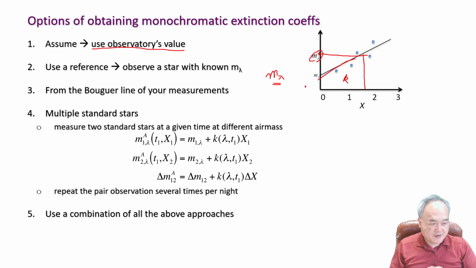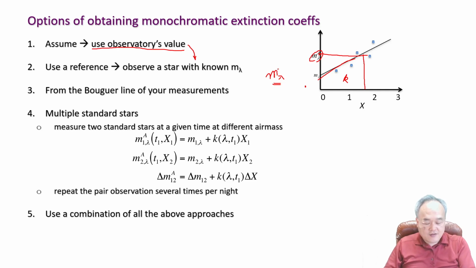So that's one way. That can be done by using a single observation of a standard star. That is slightly better than the first option, okay? But if the conditions are changing, then this is not optimal.